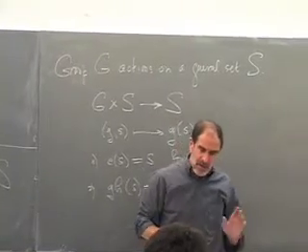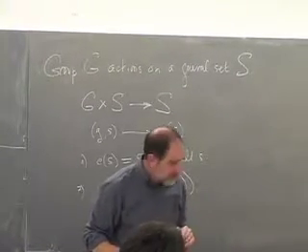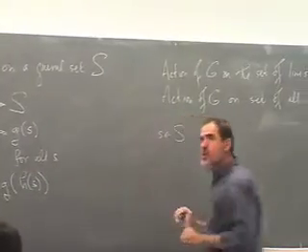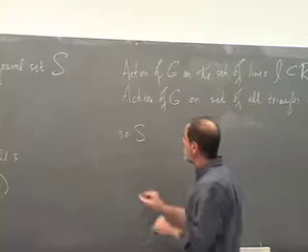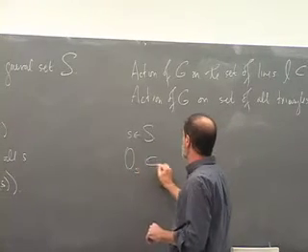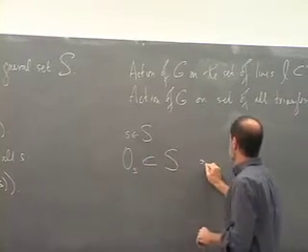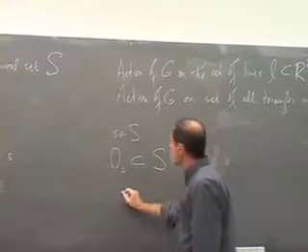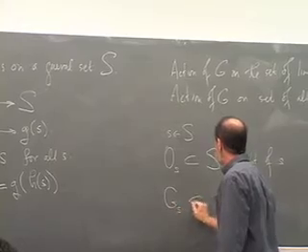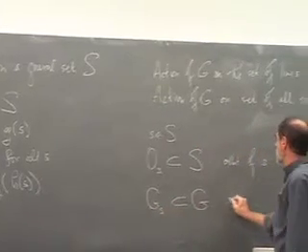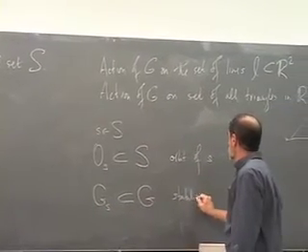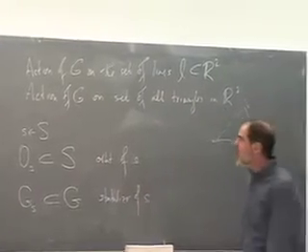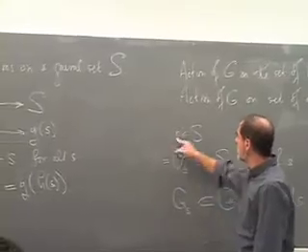Okay? Now, here's some terminology. If S is in the set, we define 2 sets. One is a subset of the set, called the orbit. And the other is a subgroup of G, called the stabilizer of S. So the orbit of S is all the points that G takes S to.